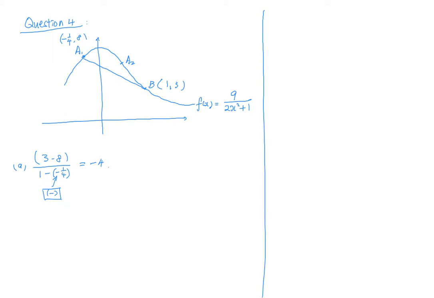Then they say, using first principle, find the slope of the tangent to the graph of y equal to f(x) at B. Okay. So when they say use first principle, how do we do?